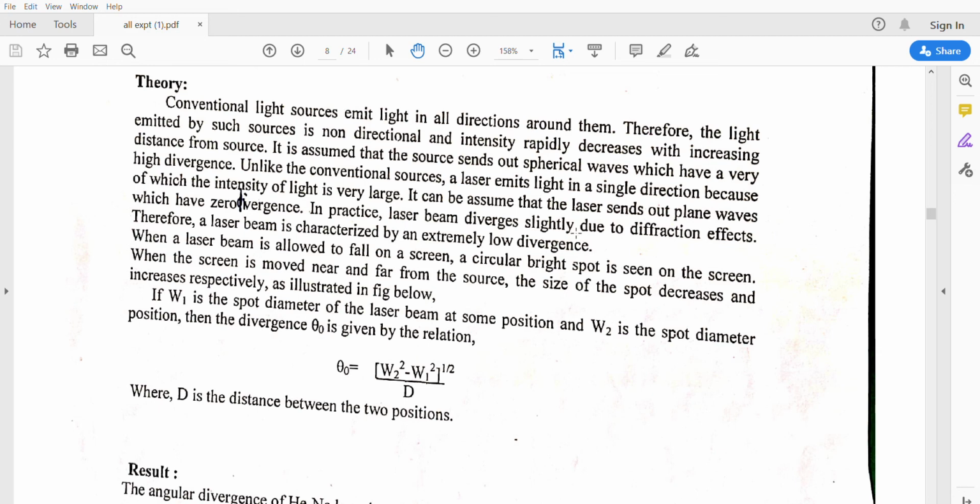In practice, a laser beam diverges slightly due to diffraction effects. Therefore, a laser beam is characterized by an extremely low divergence. When a laser beam is allowed to fall on a screen, a circular bright spot is seen on the screen. When the screen is moved nearer to and farther from the source, the size of the spot decreases and increases respectively.